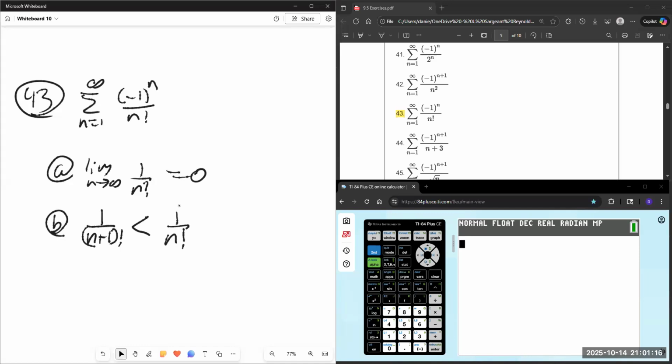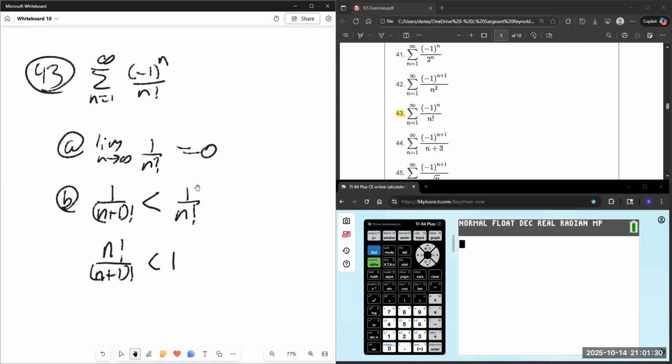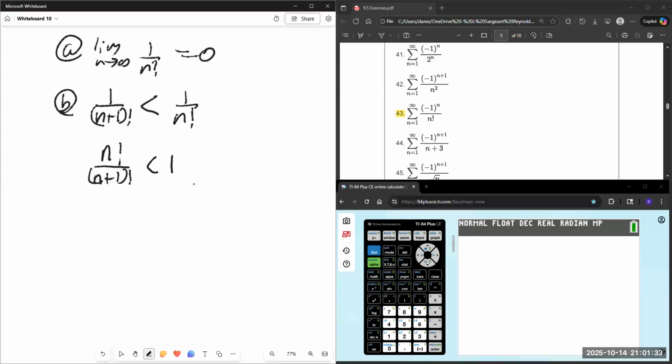So let's ask if n factorial over (n plus 1) factorial is less than 1. Because I should be able to multiply by this positive number and maintain my inequality here. So let's divide: is 1 over n plus 1 less than 1?